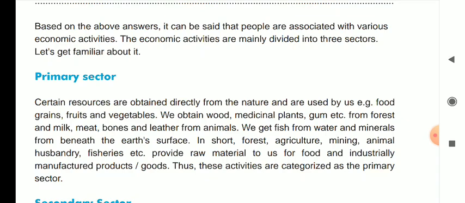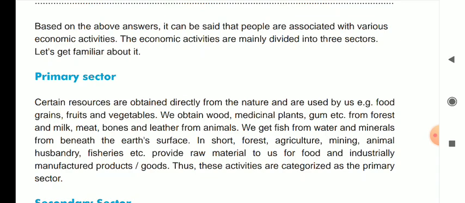In short, forest, agriculture, mining, animal husbandry, fisheries, etc. provide raw material. Students, just look here.